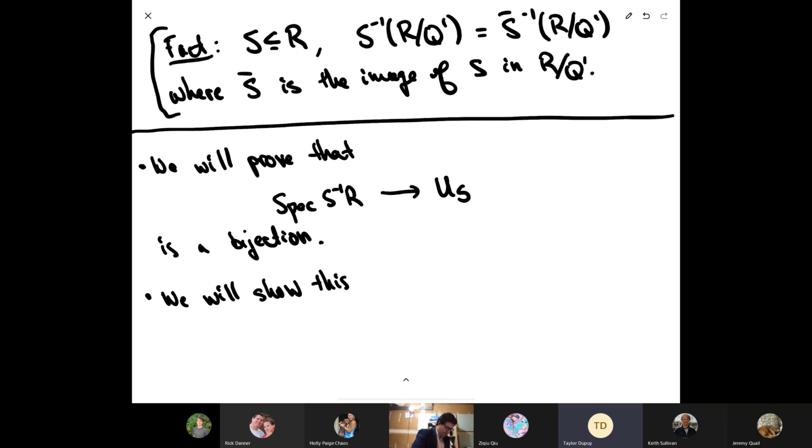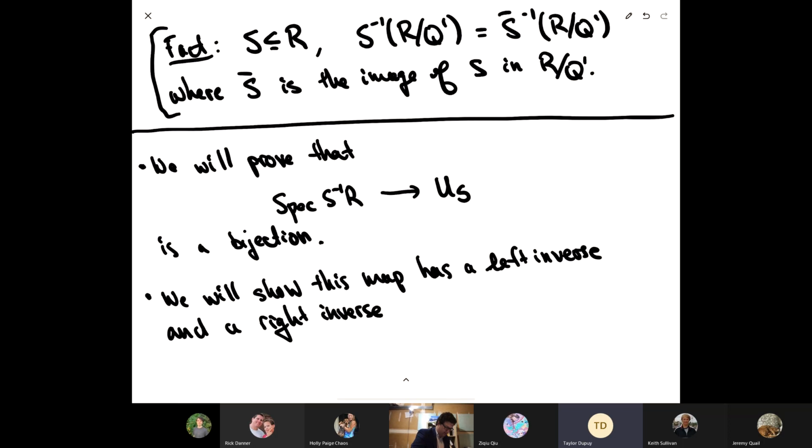This part gives injectivity. This part gives surjectivity.